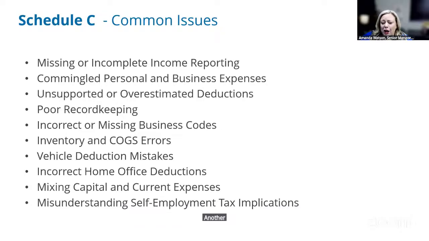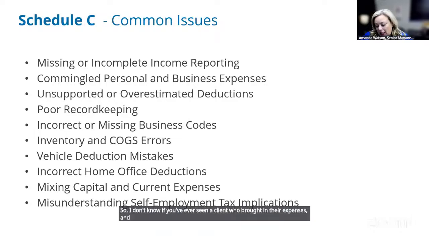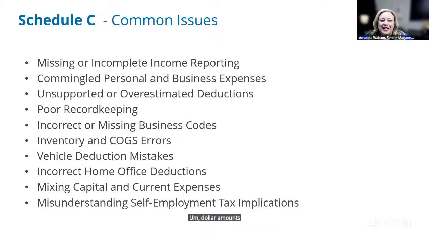Another thing I see a lot is unsupported or overestimated deductions or expenses. A lot of clients like to round up. I don't know if you've ever seen a client who brought in their expenses and they're all round dollar amounts, like advertising $30, legal fees $40, and everything is just a round number.